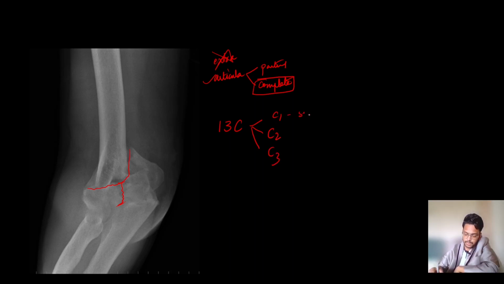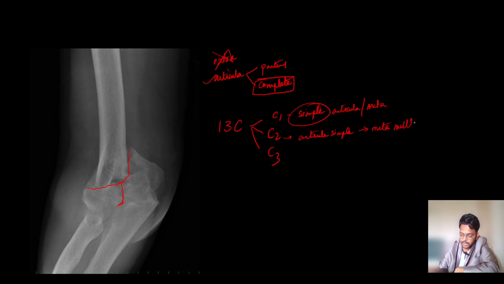C1 is simple, both the articular surface and the metaphyseal surface are simple. In C2, the articular surface is simple, but the metaphysis is multifragmentary or wedge.